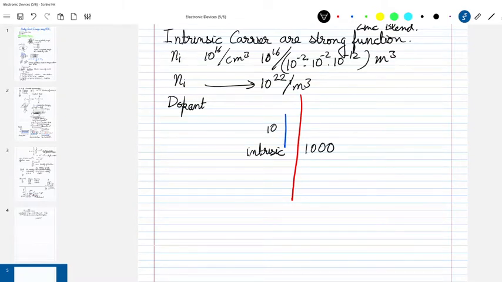Now if temperature is high or low, it doesn't matter, this is going to affect only this 10. This 1000 is not going to be affected. So the number of electrons you are looking at is going to be between 1000 and 1010. So the dependency on temperature has gone down, right?